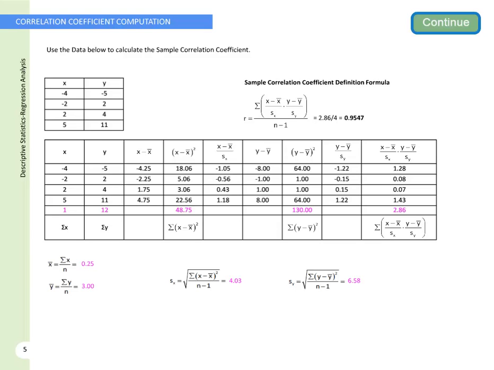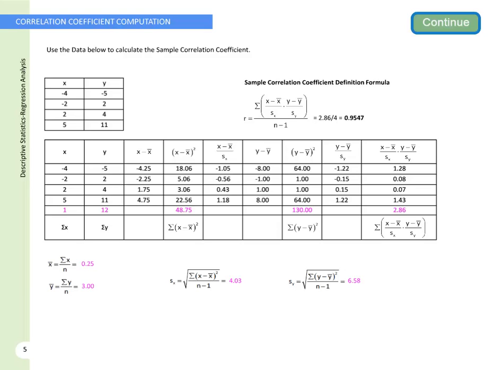Calculate x bar, the sample mean for x values, and then y bar, the sample mean for y values. Calculate the standard deviation for x values, and then for the y values. I'll remind you that deviation from the mean is the difference between an x value and the sample mean, x bar. For each x value, calculate the deviation from the mean over the standard deviation of x.